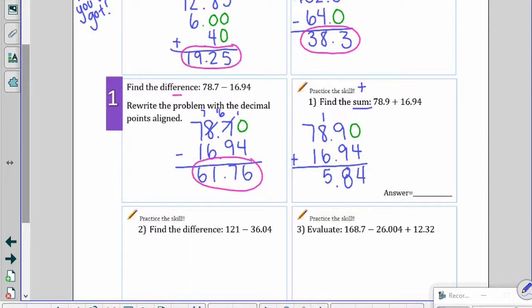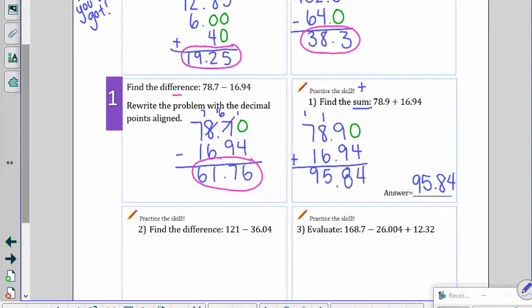And 1 plus 7 plus 1 is 9. So our final answer is 95 and 84 hundredths.